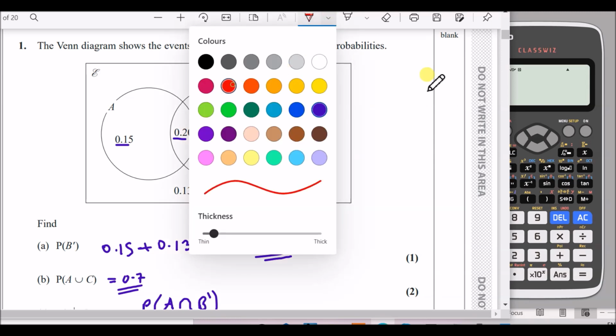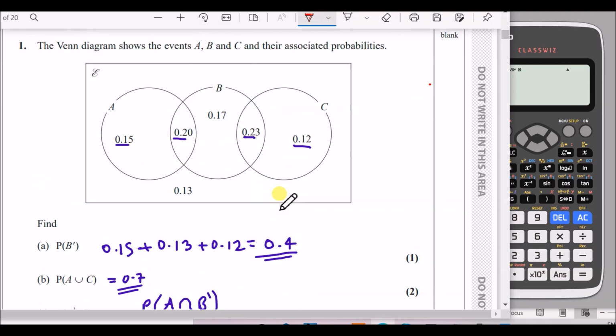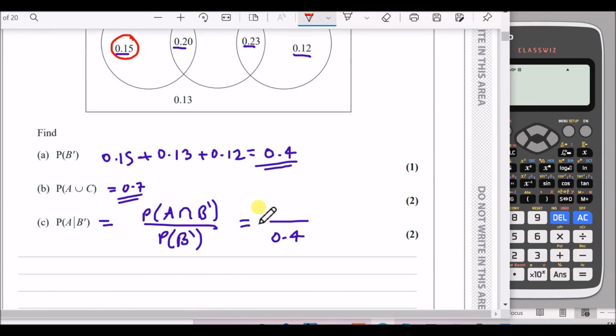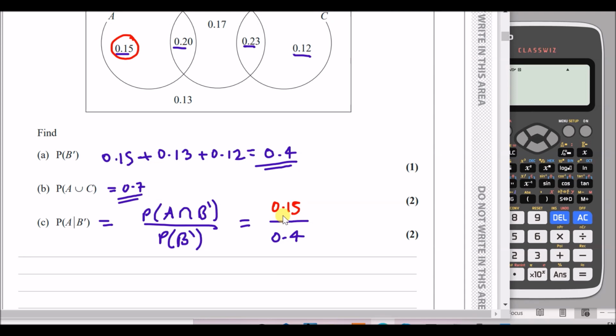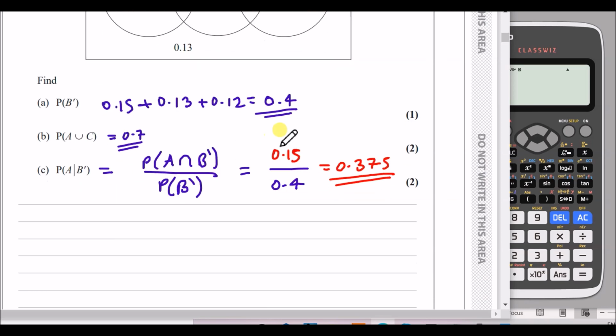Both of these events overlap at this single value, 0.15, the only value they have in common. Now we just put this in a calculator, and you should get an answer of roughly 0.375. And that's it guys, that's question 1 done.